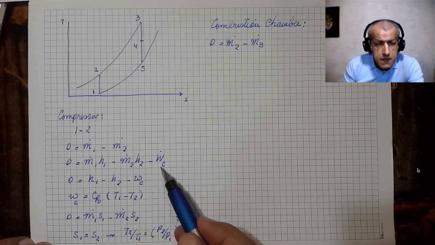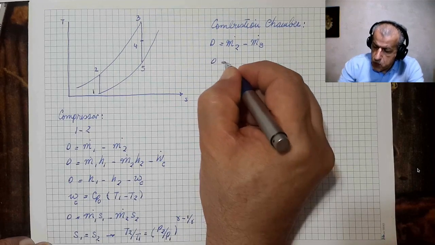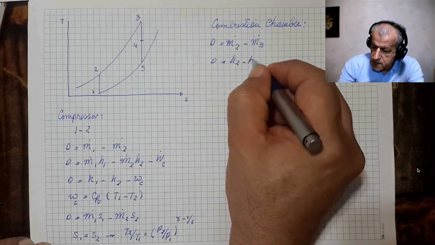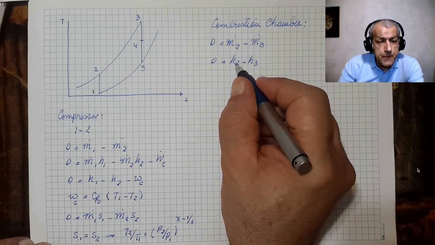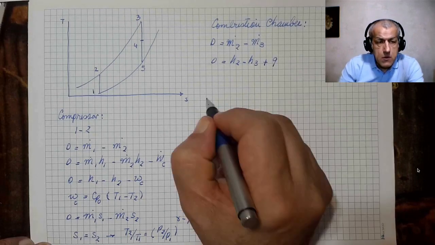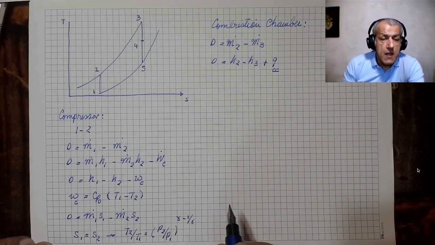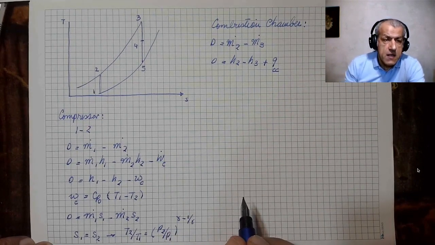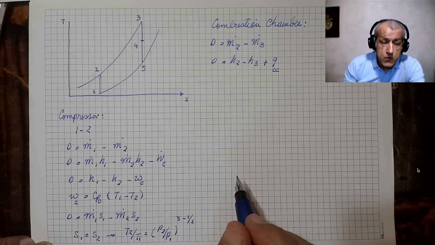It's only the case that instead of work, we have heat transfer. So what we would get is 0 equals H2 minus H3, which is the incoming enthalpy minus outgoing enthalpy, plus Q, say Q_CC, which is the heat added in the combustion chamber. You see, heat would be positive since it's being added, and H3 is larger than H2.